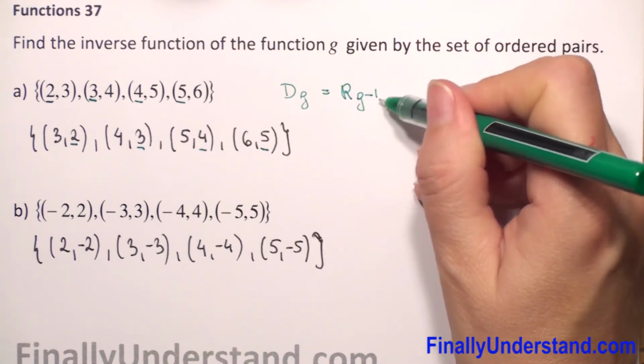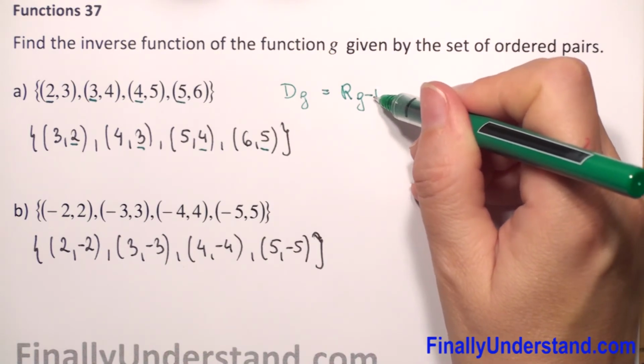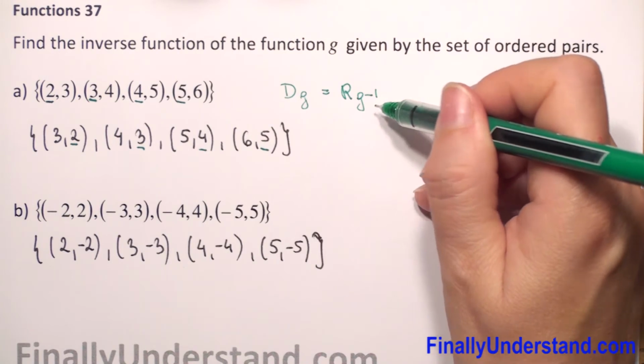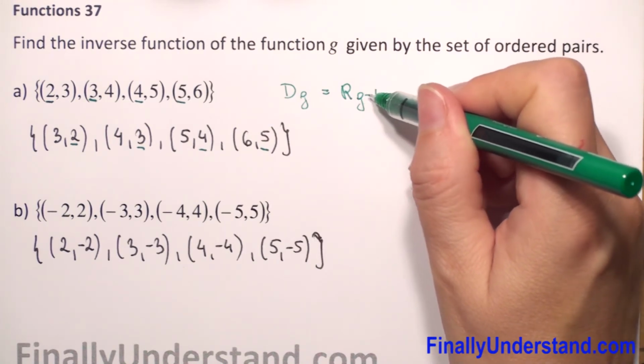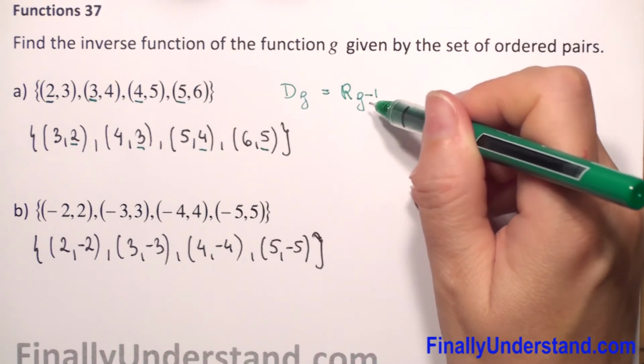Inverse of a function we write with exponent negative 1. But this is not an exponent, we just write g to the negative power, but we read that this is inverse of g.